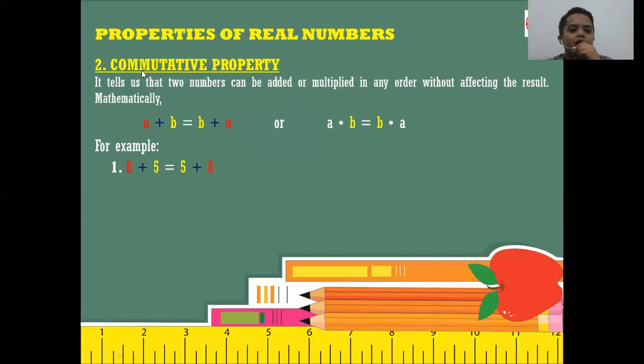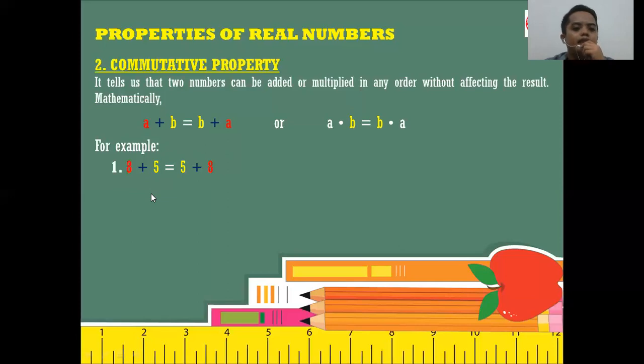The property says that two numbers can be added in any order without affecting the result. So we try to check: 8 plus 5 is 13. If you add 5 plus 8, it is also equal to 13. So the result is not affected. That is why this is a commutative property.